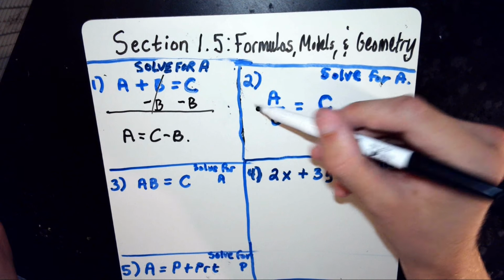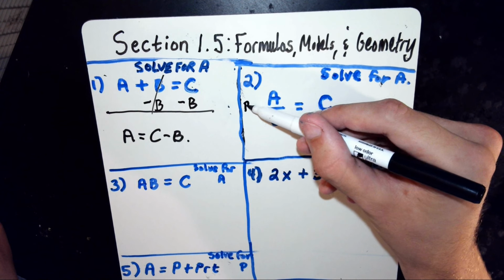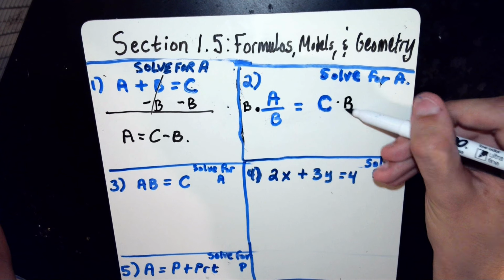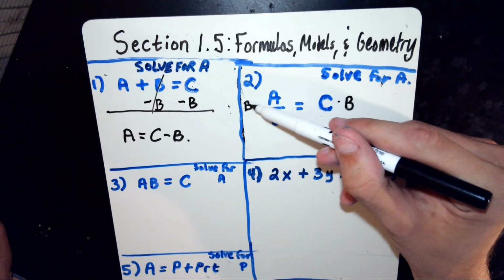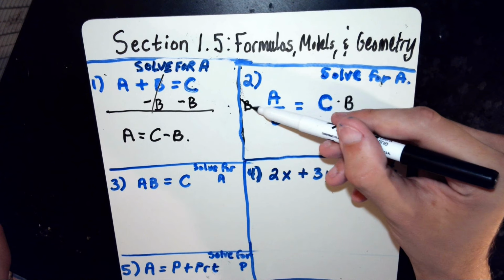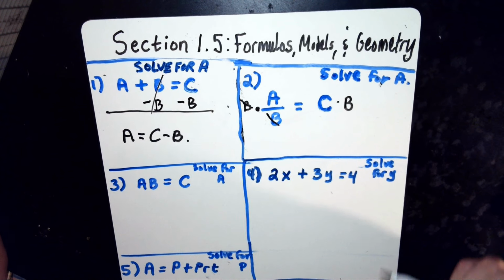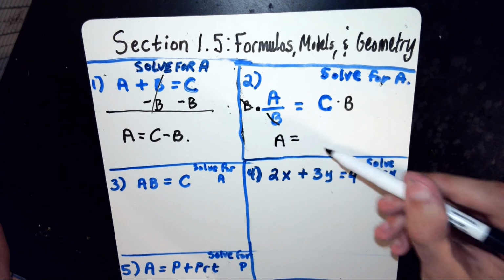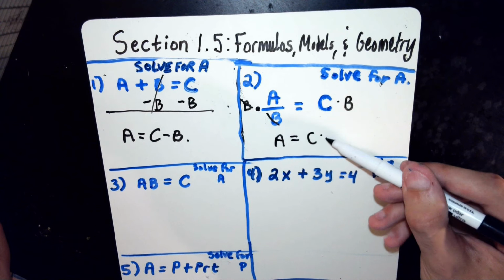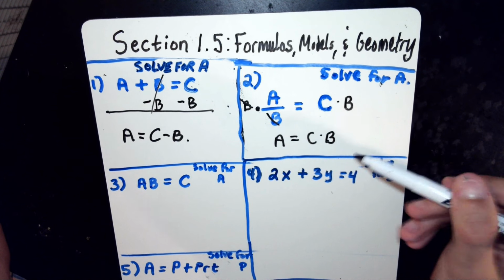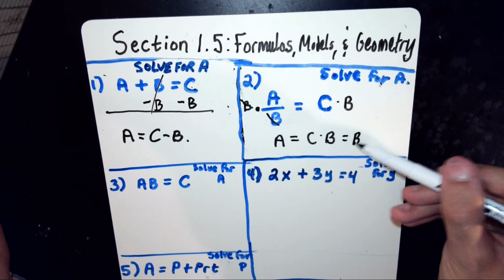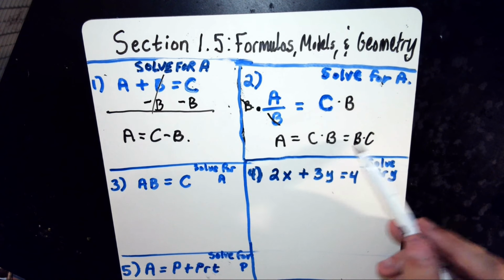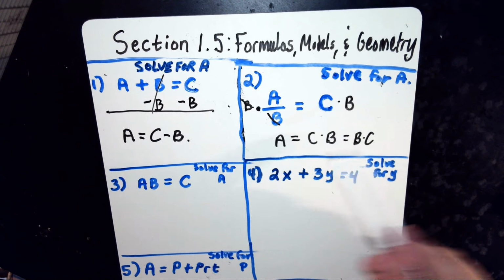So we will multiply by b on both sides of the equation here, and that will cancel these out like before. And all we're going to be left with is a equals c times b. Or you could write b times c if you want to be alphabetical. But multiplication is commutative, so either of these is correct.